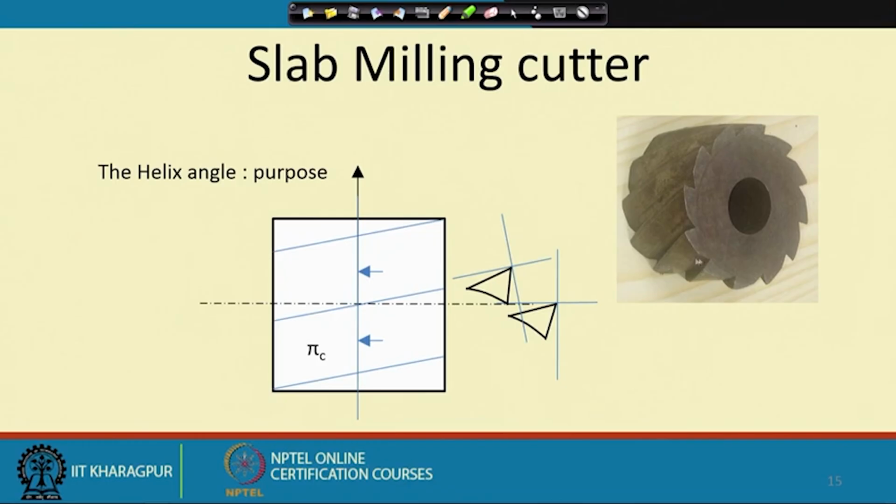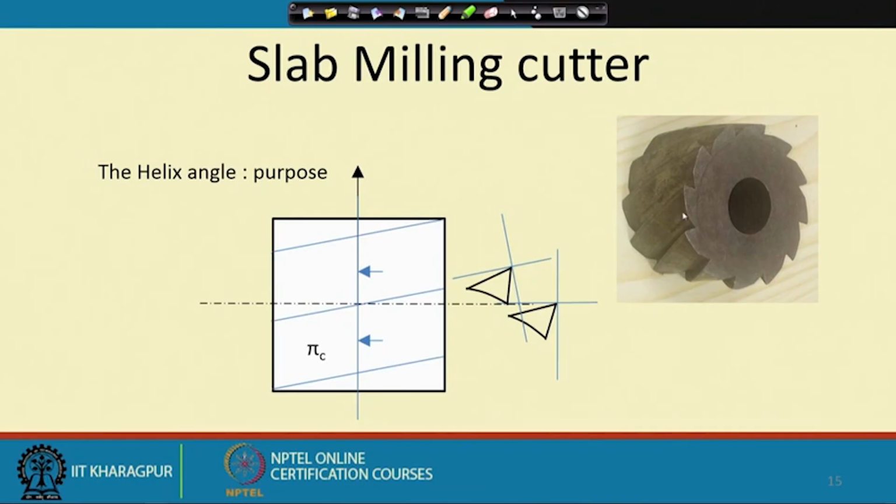What is the advantage of helical teeth? The advantage of helical teeth is that at one point in time more than one tooth will be acting, so that the forces are distributed among a higher number of teeth, and hence the force is not very high on a single tooth, and wear and tear is less. Moreover, the cutting is not jerky.